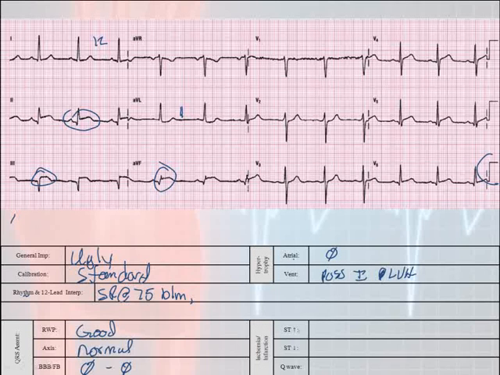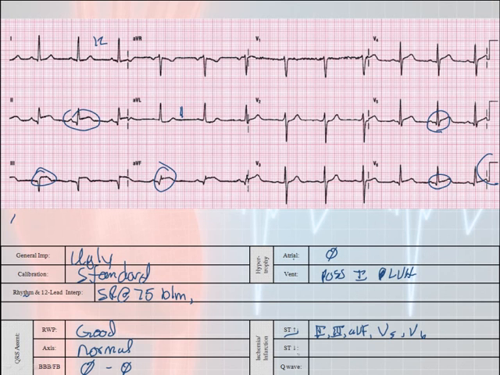Let's go ahead and look at our ST segment elevation. I already identified 2, 3 in AVF. It looks like we might have an elevation here in V5 and an elevation here in V6. So down here under ST segment elevation, I'm going to put 2, 3, AVF, V5, V6.